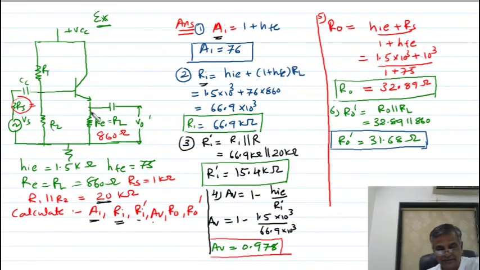It means this voltage is slightly less than this voltage. If this is 20 millivolt, this will be 19.5 millivolt. So the voltage at the output follows the input voltage. Therefore, it is called emitter follower.